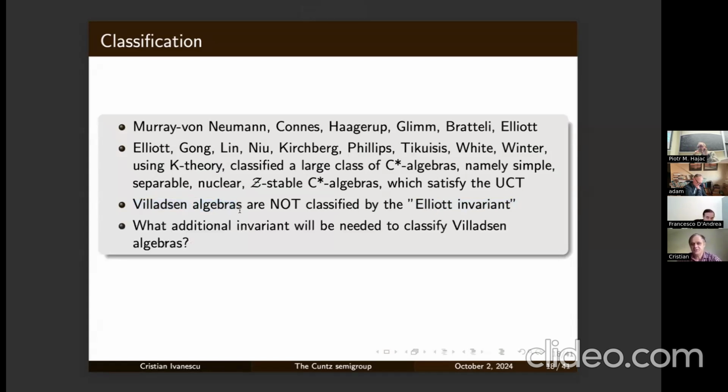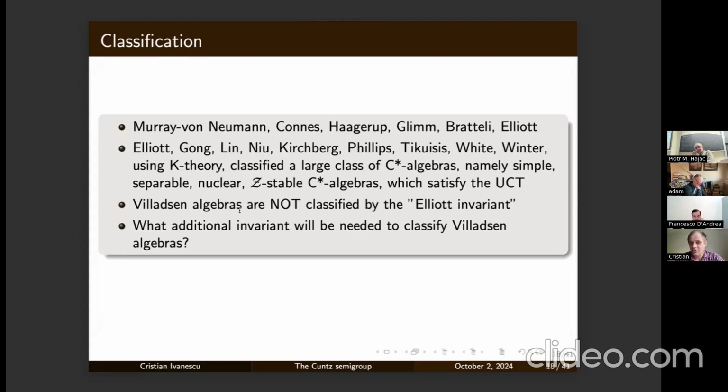Now, an obvious question is what additional invariant will be necessary to classify Villadsen algebras? Of course, I didn't tell you what they are, and I'm planning to tell you. But at the moment, let's just accept there are some algebras called Villadsen algebras, which cannot be classified by the Elliott invariant.